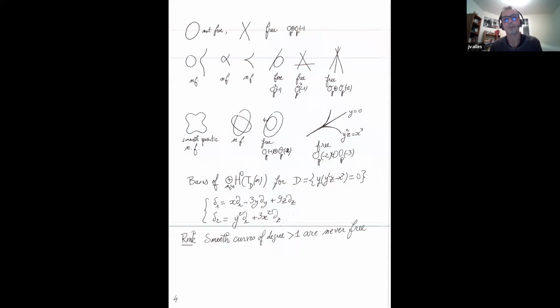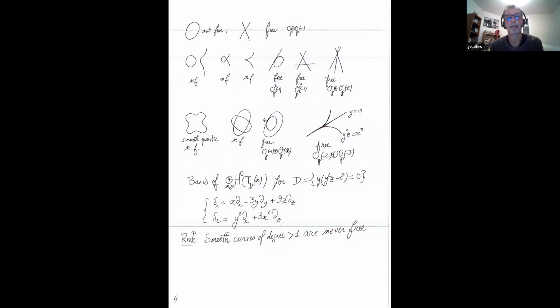So more examples are known. But in general, and more particularly in higher dimension, there are very few examples of free divisors that are known. So we would like to produce free divisors in order to answer a general question, which could be why a divisor is free, what is the main difference between a free divisor and a divisor not free, but with the same kind of singularities, etc., etc.